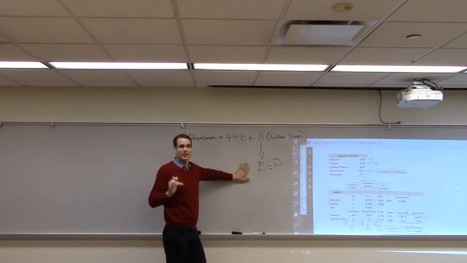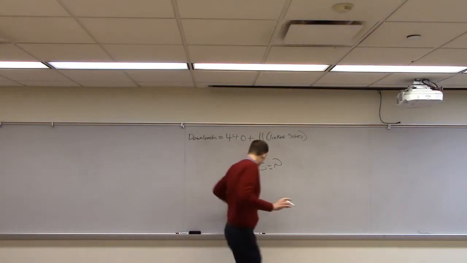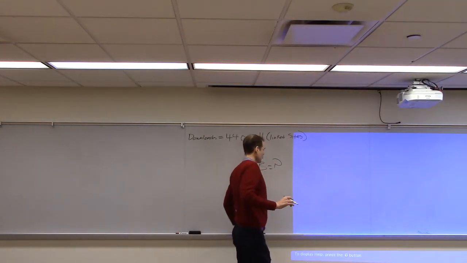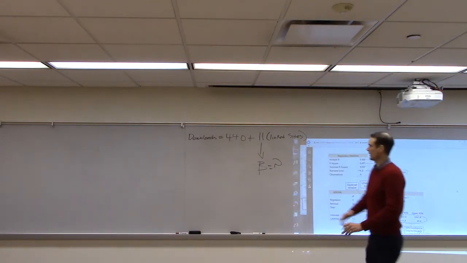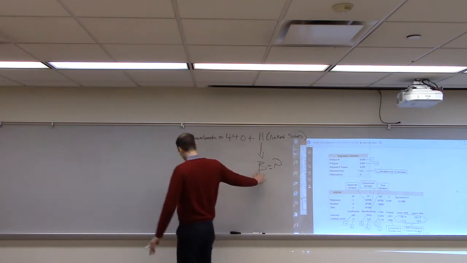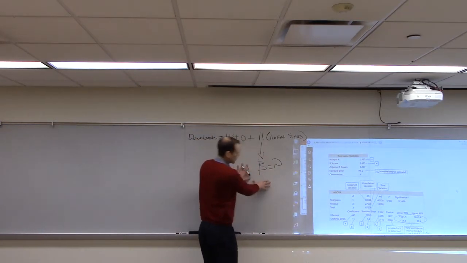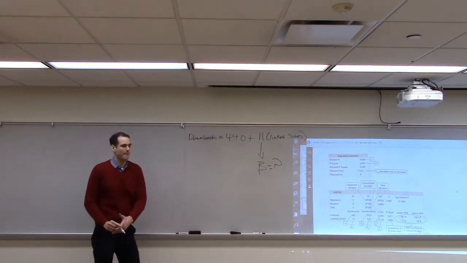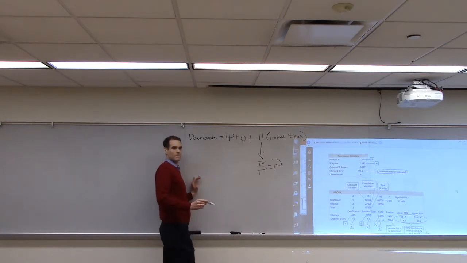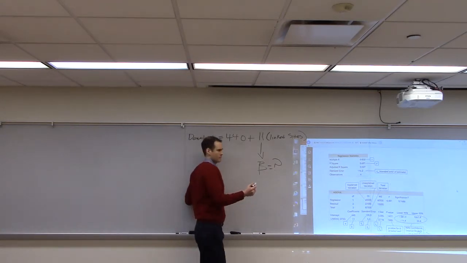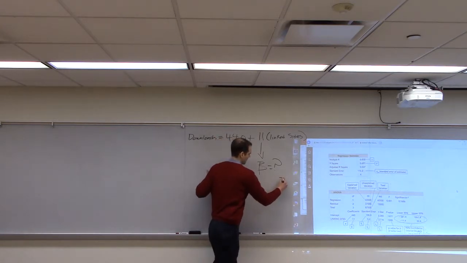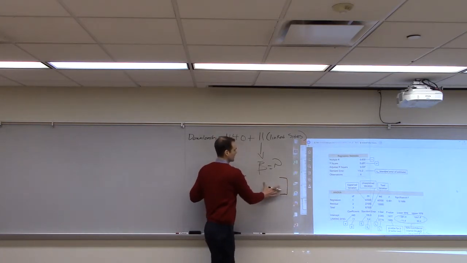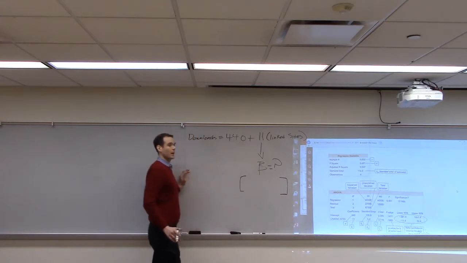You're right, that's our best guess, but what are we going to do before we say it's actually the same? How are you going to quantify what you think the true population slope is? You're going to give me a confidence interval.